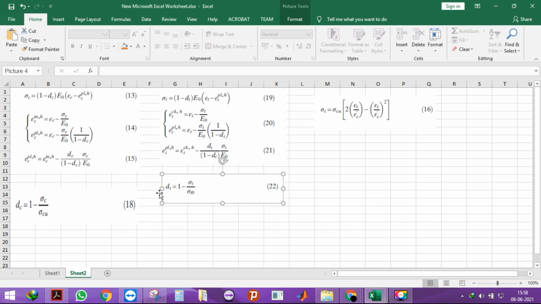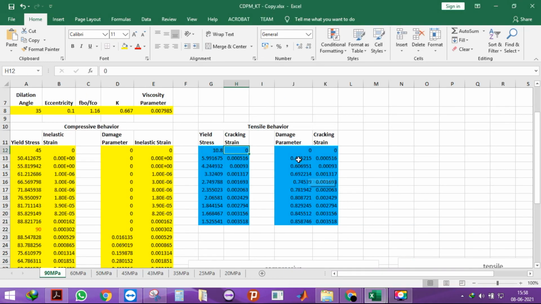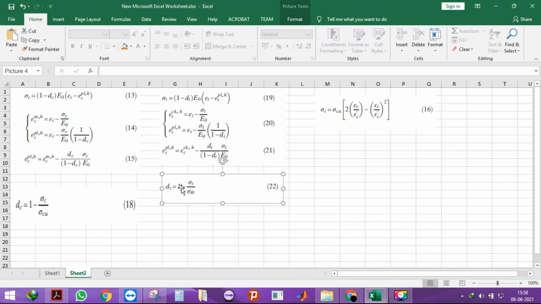Next we need to estimate the damage T, that is tensile damage. This will indicate the damage value 1 minus sigma T upon sigma T naught.